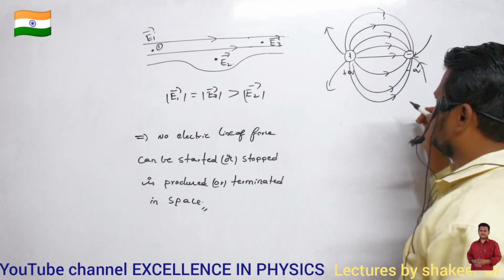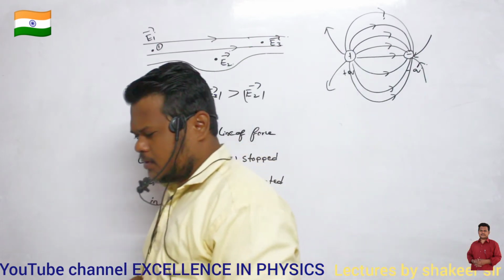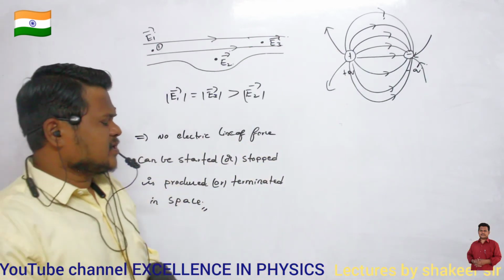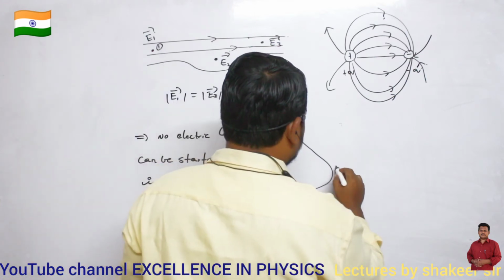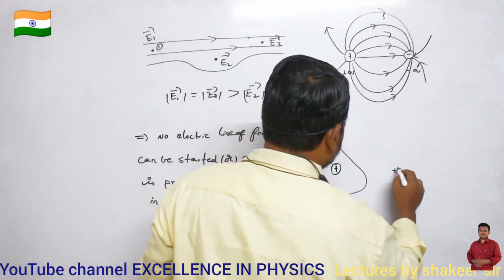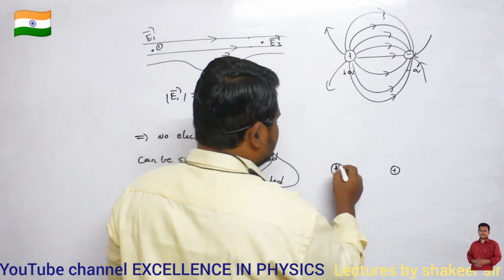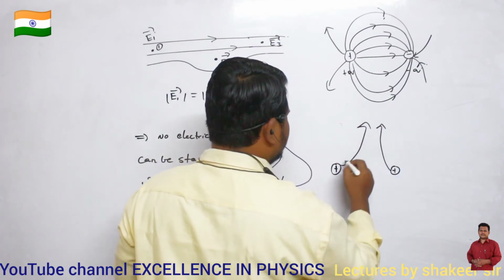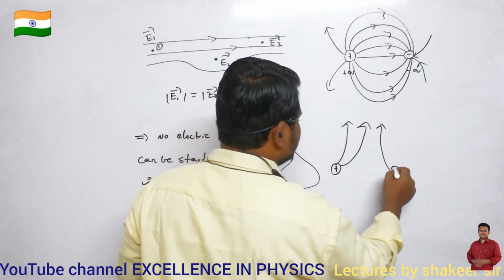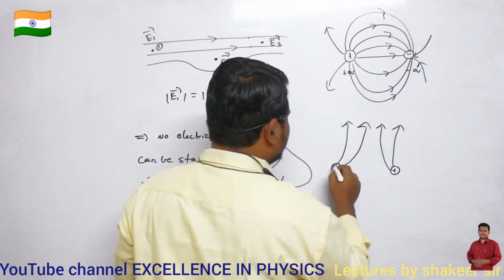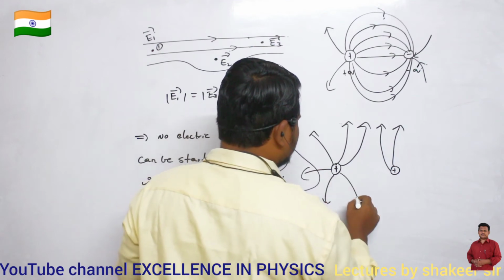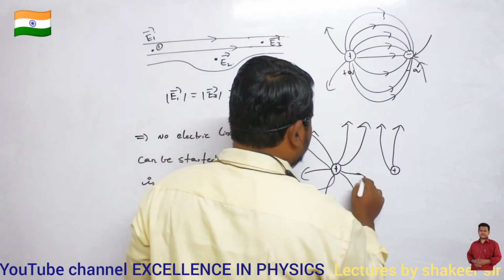So this is how the arrangement of electric lines of force will be. Similarly, if you place a positive charge and a positive charge, then what will happen? These electric lines of force will repel each other, that is, they try to move away from each other like this. So this will be the arrangement of electric lines of force.